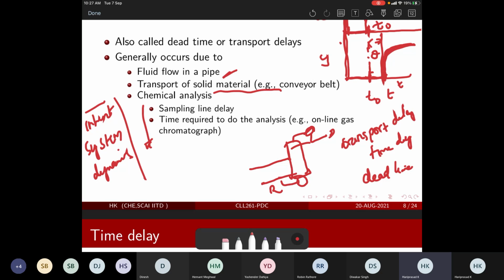This is the reflux basically, and this is the feed. And you wanted to measure the composition of the distillate somewhere here. So you put an analyzer transmitter.